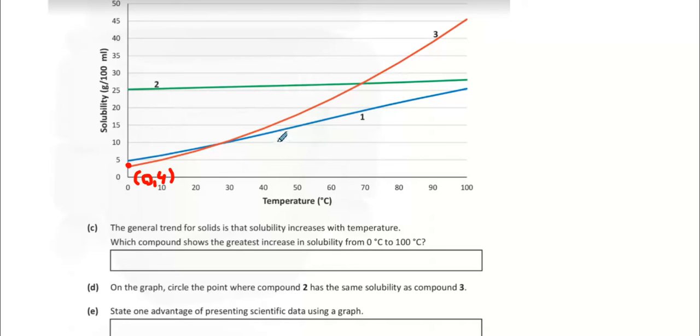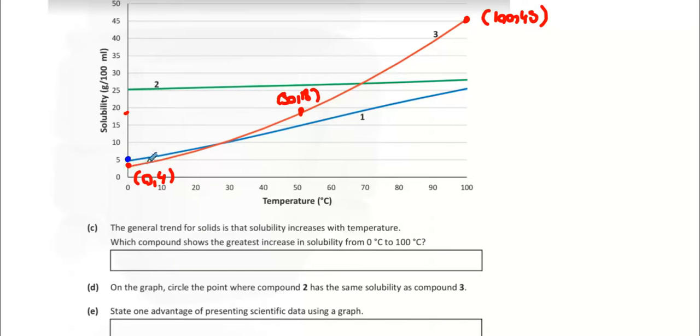Now, at 50 degrees, every time I'm going up and across to see what's going on. Roughly at 50, you can do about 18 grams. And then at 100 degrees, we can roughly do 45 grams of salt. So you can see as the temperature goes up, you can dissolve more and more salt.